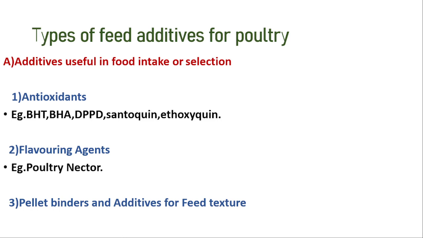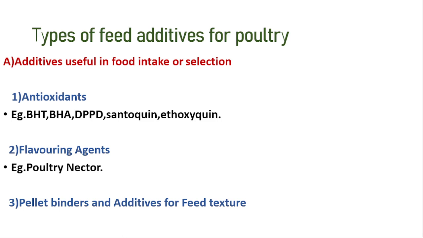To avoid such conditions, antioxidants are used to prevent oxidative rancidity of polyunsaturated fats, and also to avoid destruction of vitamins like A, D, E and the B complex vitamins.